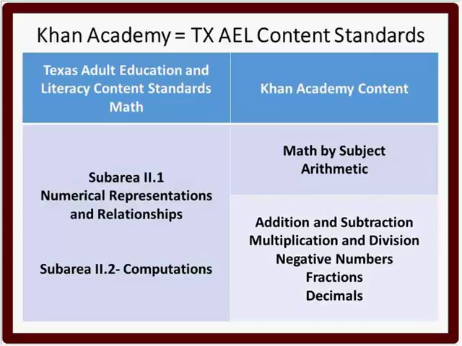And in sub-area 2.2, computations, parts A through C, a student will need to know adding, subtracting, multiplying, dividing. This addresses these two sub-areas' specific standards and benchmarks. And in the Khan Academy content, if you click math by subject and under that arithmetic, you have the areas the content covers: adding, subtracting, multiplying, dividing, negative numbers, fractions, and decimals.